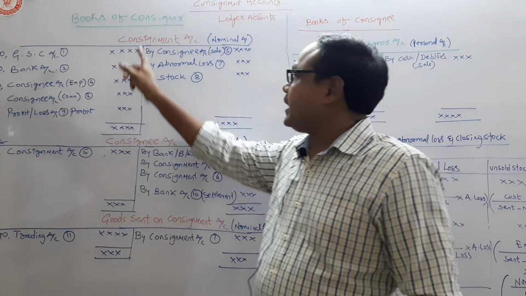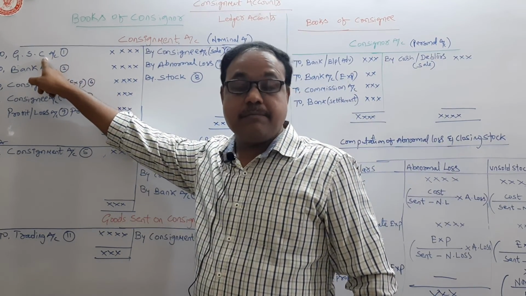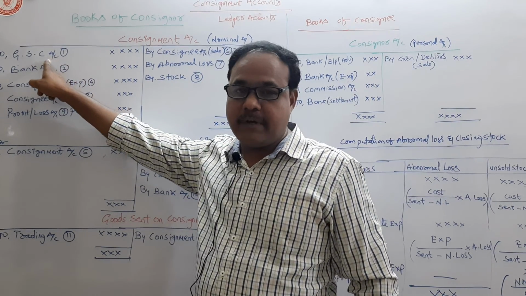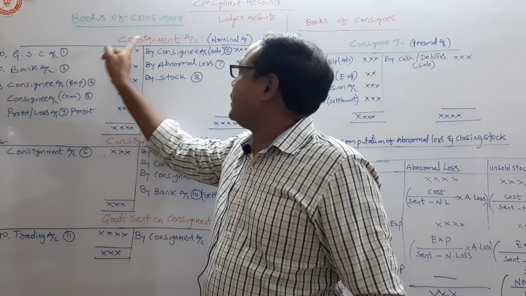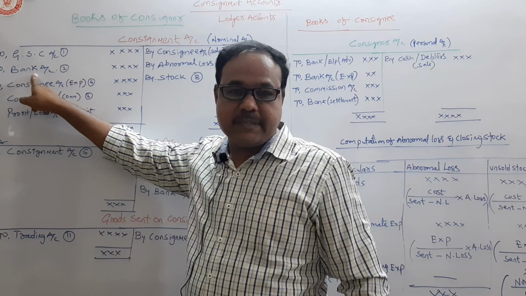See how. Consignment account debtor to goods sent on consignment account. Please check. Number 2, consignment account debtor to bank, consignor expenses.